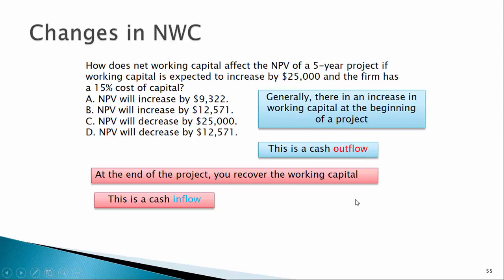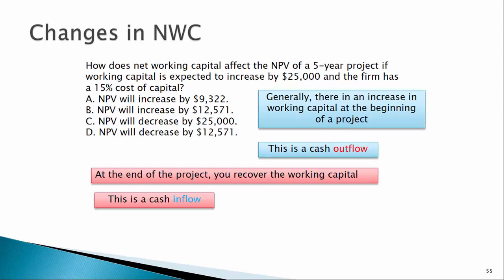We will get it all back at the end, 5 years from now. Since it's asking about net present value, we need to look at these in terms of present value. What happens is we're going to spend $25,000 at time 0. We're going to receive $25,000 5 years from now at the end when we get that net working capital back.